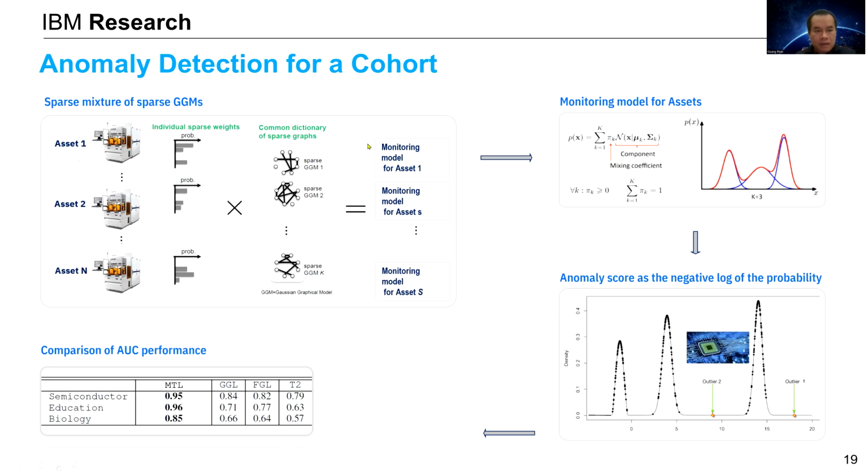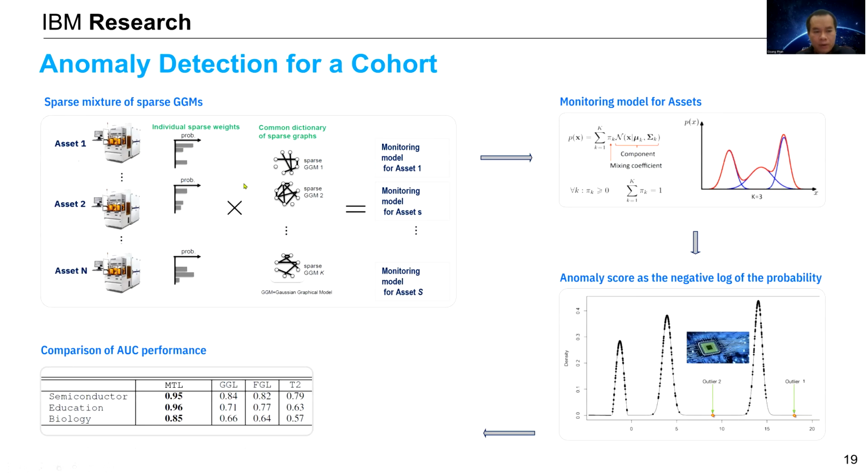Each asset's model is different because of the sparse mixture weight. But we take all the data from all the assets to learn this parameter, to learn the graphical model, and to learn the sparse weight.